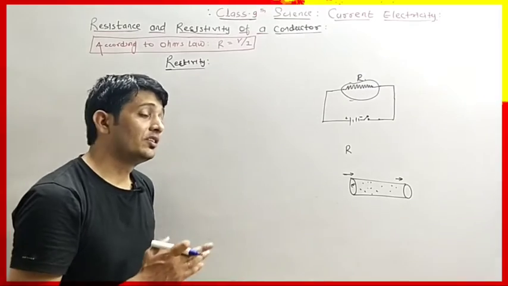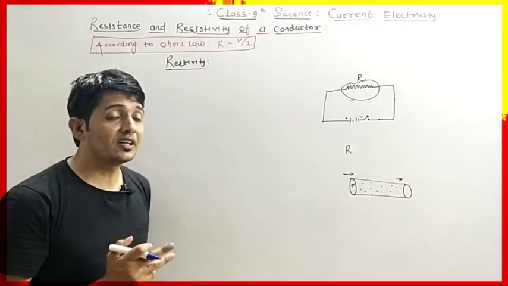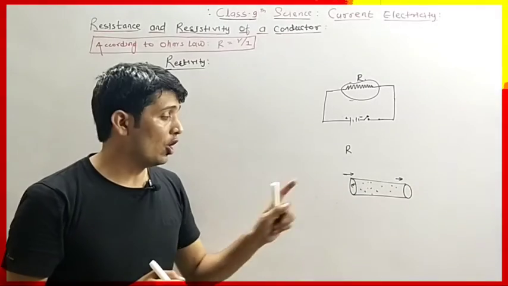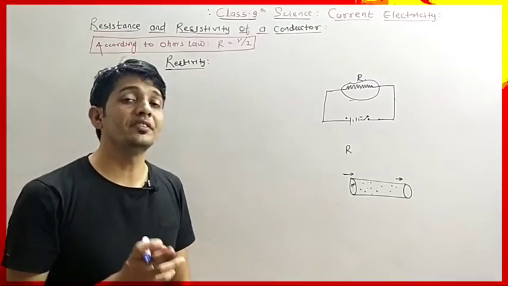Due to this, the current flowing through the conductor is opposed by these particles, metal ions or electrons, which is called resistance.